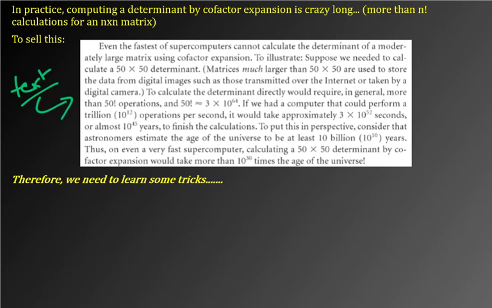In computer science, there are things we classify as computationally hard or easy. Those are actual terms. And determinants are really hard. They require a lot of calculations. There are more than n factorial calculations for an n by n matrix. And this is a neat example of showing you how crazy hard they are.